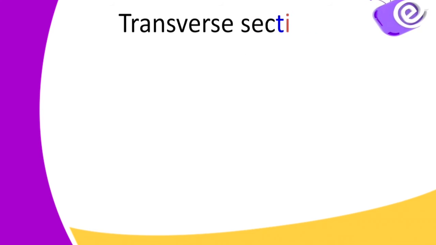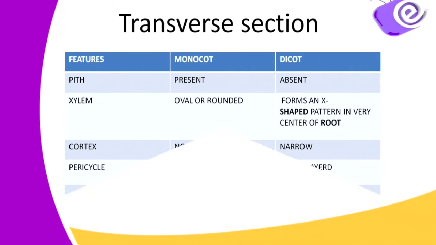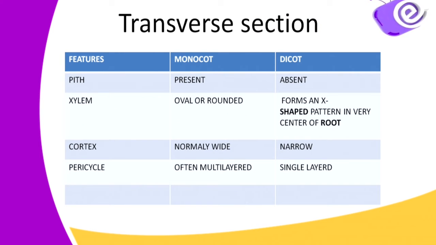So let us look at these differences between the monocot root and the dicot root, the transverse section that is. The monocot has a pith which is present, while in the dicot, the pith is absent. The pith is the part which is at the center, the middlemost part.